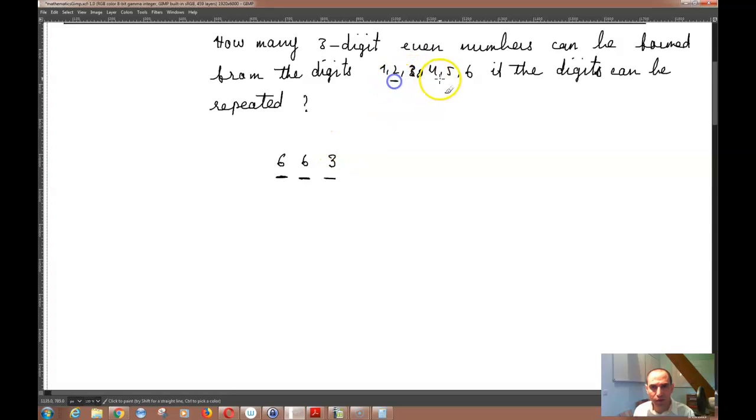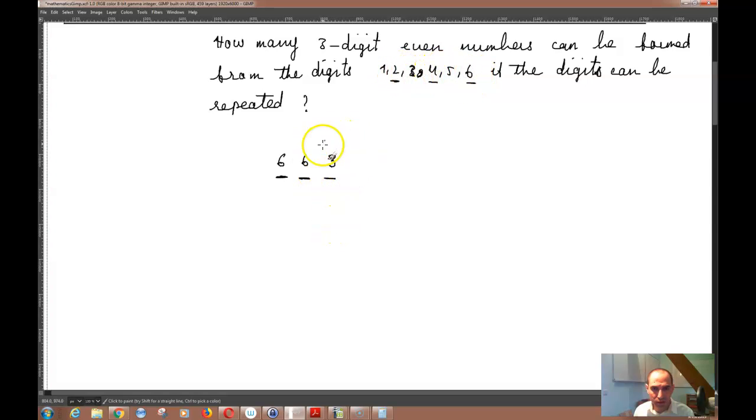Because if the ones placeholder is not an even number, then the number is not going to be an even number. So in order for the number to be even, the ones digit has to be even, and so for the ones digit, I can choose from only 2, 4, and 6.